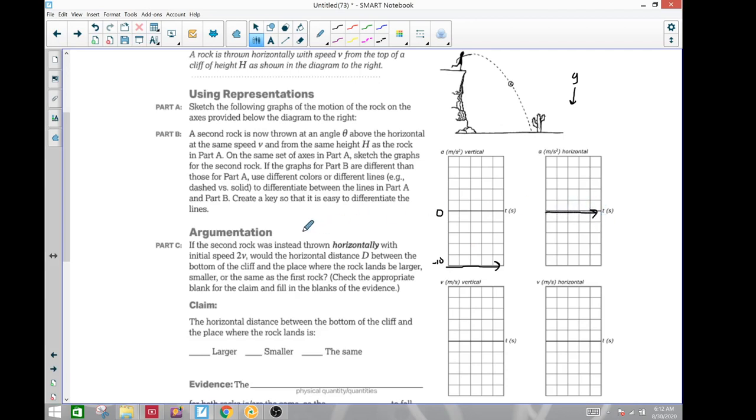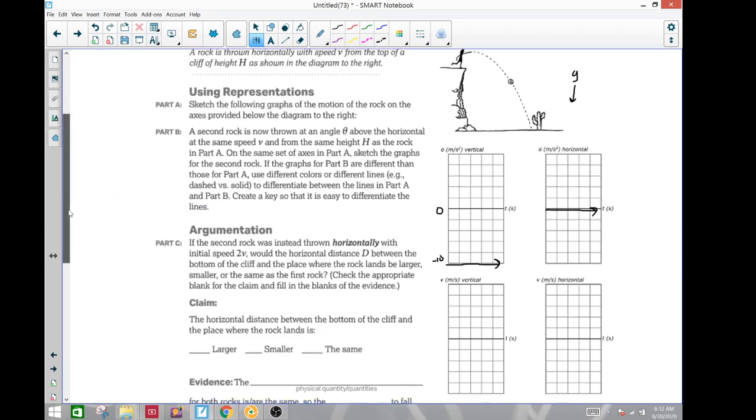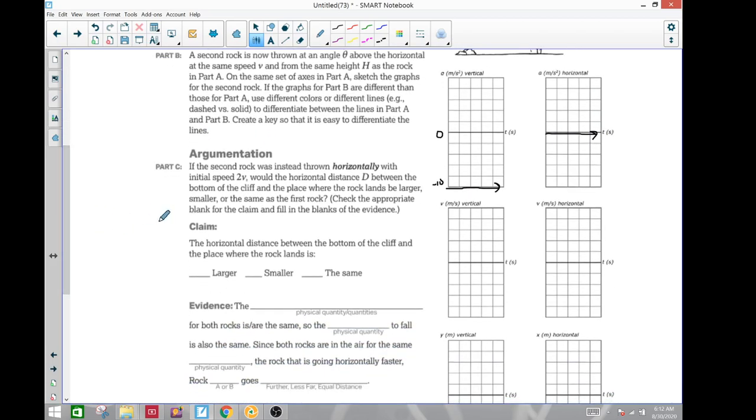Okay, and velocity. In the horizontal direction, we're throwing it at velocity v off this thing horizontally. There's no acceleration, so the velocity is constant in this direction, and it's positive.